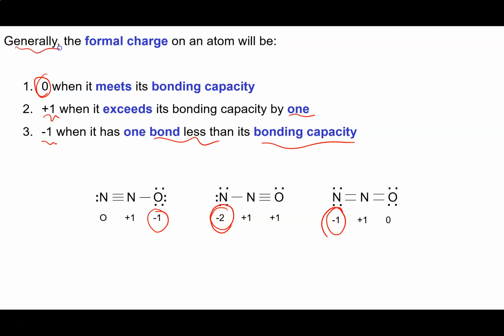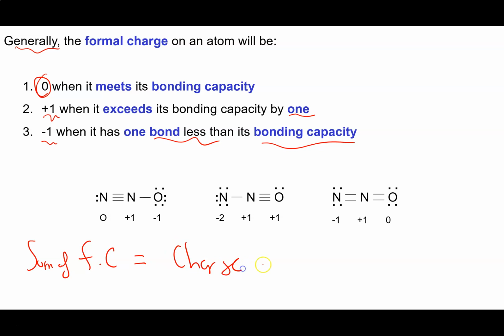These are general descriptions of how you can quickly tell whether an atom is meeting its bonding capacity or not, and also quickly tell what the formal charge is likely to be. Now, something else to note is these are all molecules, so the sum of your formal charges always equals the charge on the species.